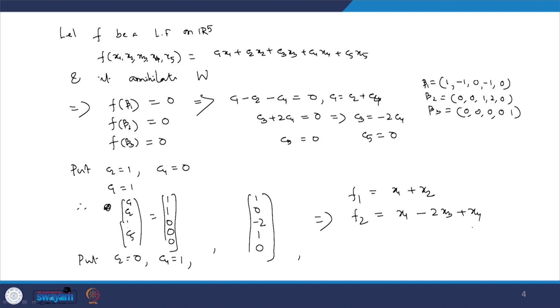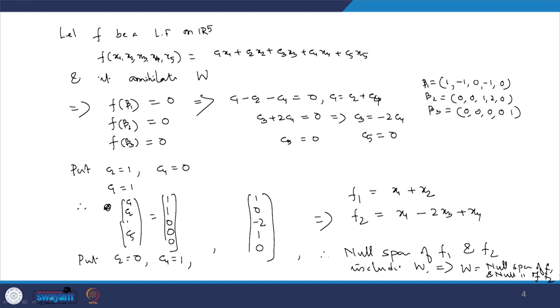So, these are linear functionals which will basically annihilate your W. Annihilate means the null space of f1 and null space of f2 contain the set W. So, this implies that W is equal to the intersection of null space of f1 and null space of f2. So, intersection of two hyperspaces.